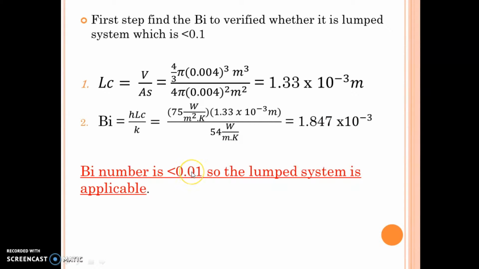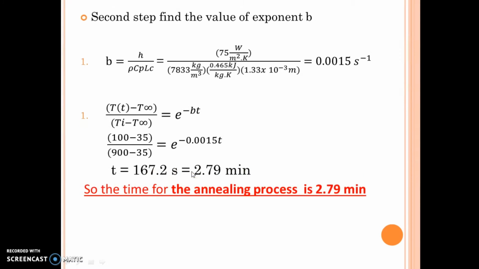Sorry, actually there is a typo over there. Then the second step, we find the value of the exponent b using this formula that we can get from the book, and then we get the final answer, 0.0015 second to the power of -1.